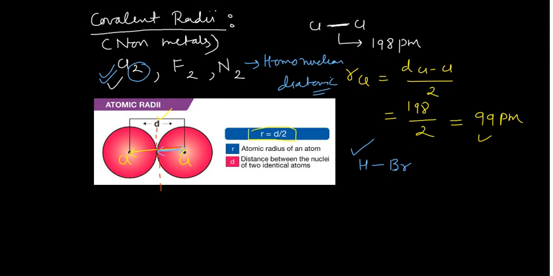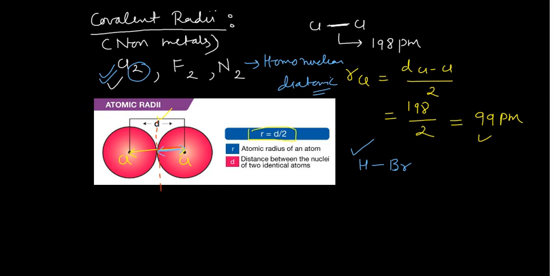In that case, due to this ionic character, the bond length is not just half of the bond distance. Your covalent radii is not just half of the bond length when we have heteronuclear diatomic species, because they have some ionic character.